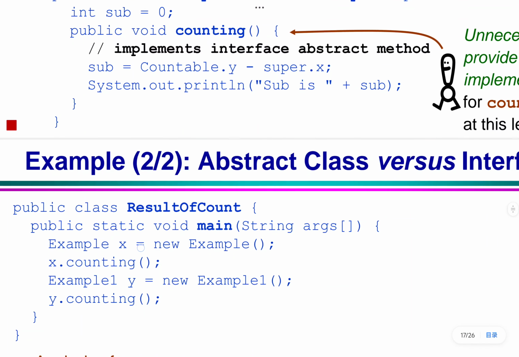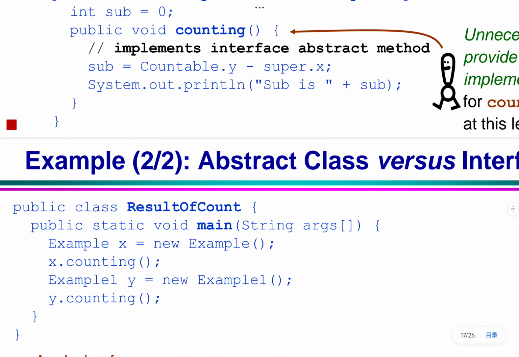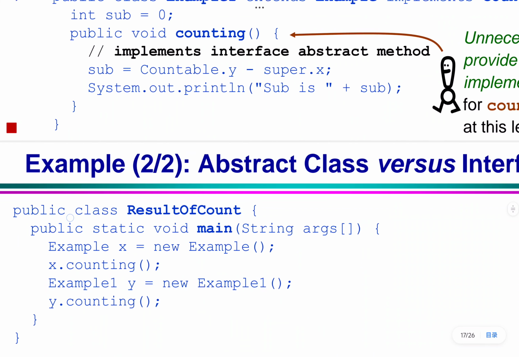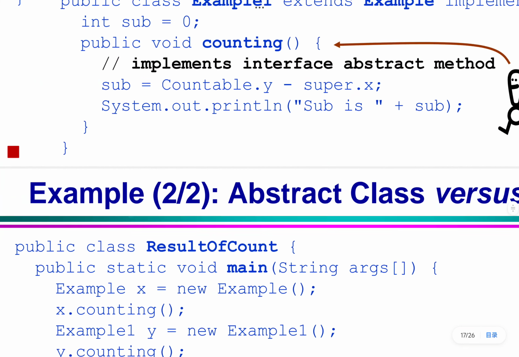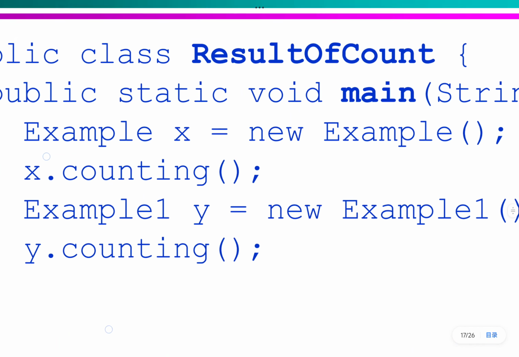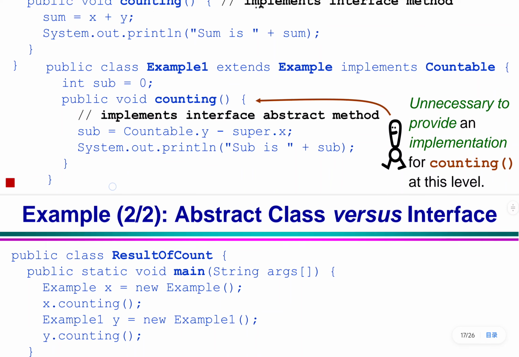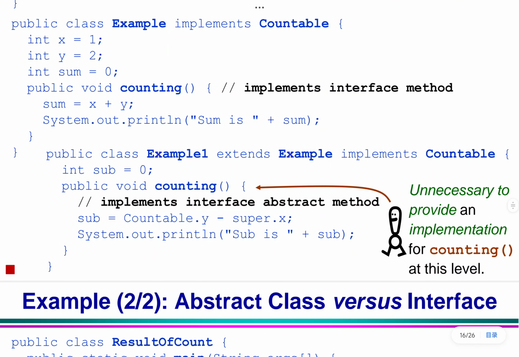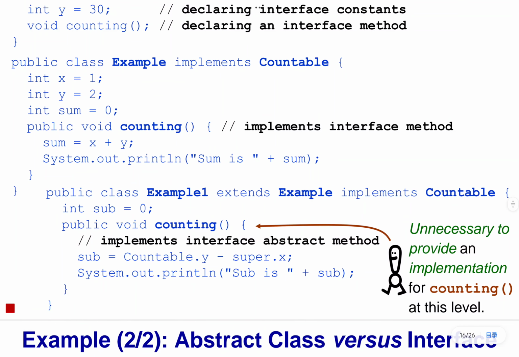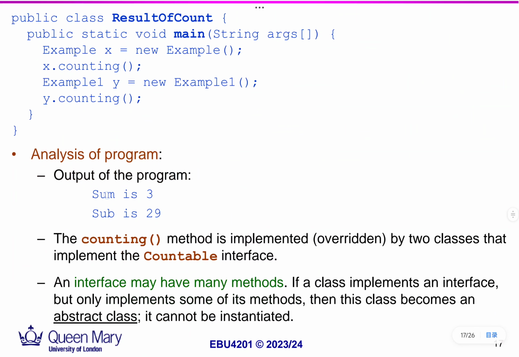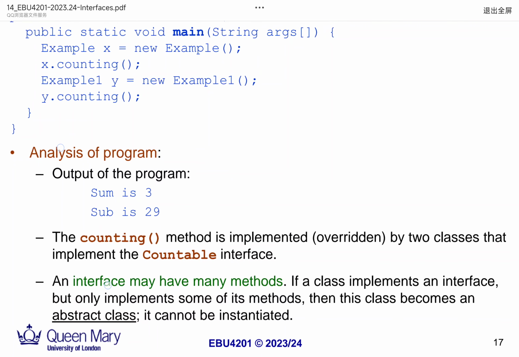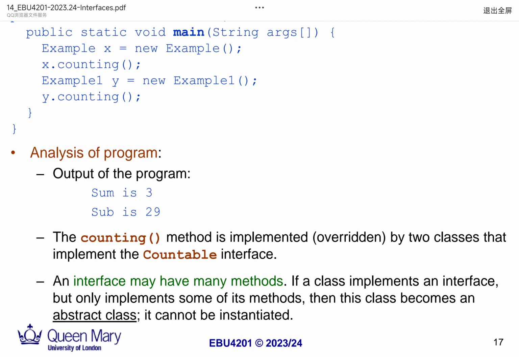That is the first thing: we have the superclass and just use the basic one. Then the most important part is here: new Example1 extends and implements, with no declaration. Countable.y, Countable is the interface, minus the parent. Override it, written by the two classes that implement the counter.